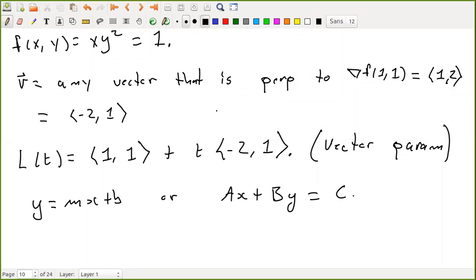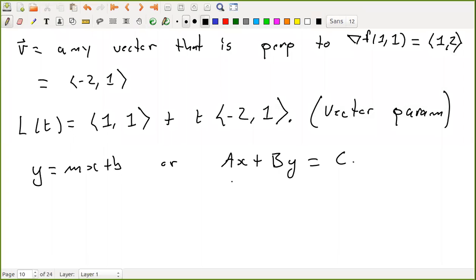The ax plus by equals c form is analogous to the normal equation for a plane. So I'm going to find this equation, and I will let you all figure out how to change it into this equation. So remember, how do you do this? Well, just like with a plane, the vector ab is any vector that is perpendicular to the line.